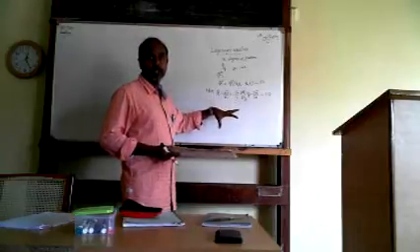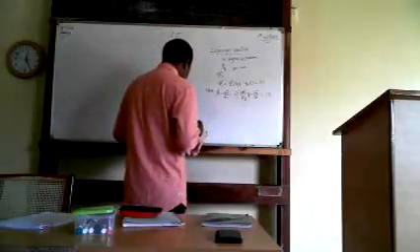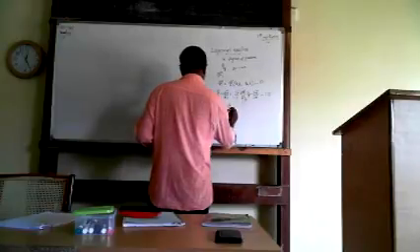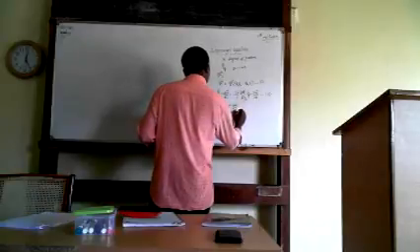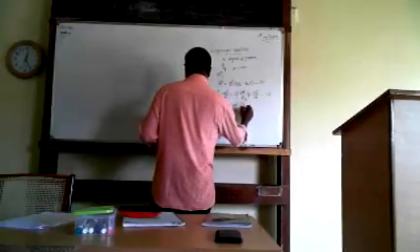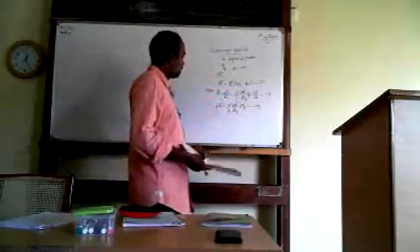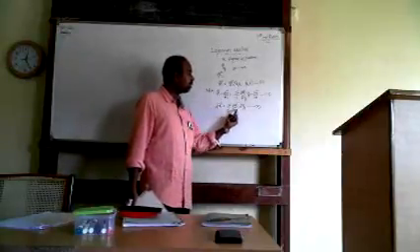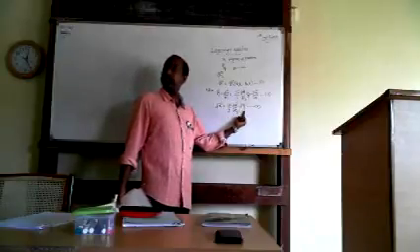And again, the arbitrary virtual displacement delta r_i can be written as delta r_i equal to sigma j rho r_i by rho q_j delta q_j. Delta r_i is the virtual displacement in Cartesian coordinates for the ith particle, and delta q_j's are the virtual displacements in generalized coordinates.